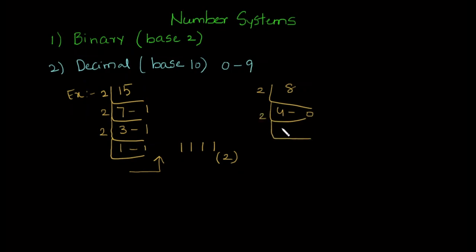Then 2 twos are 4, 0. 2 ones are 2, 0. As I said, we need to collect the answer in the reverse direction, and hence the binary form of 8 is 1000 base 2.